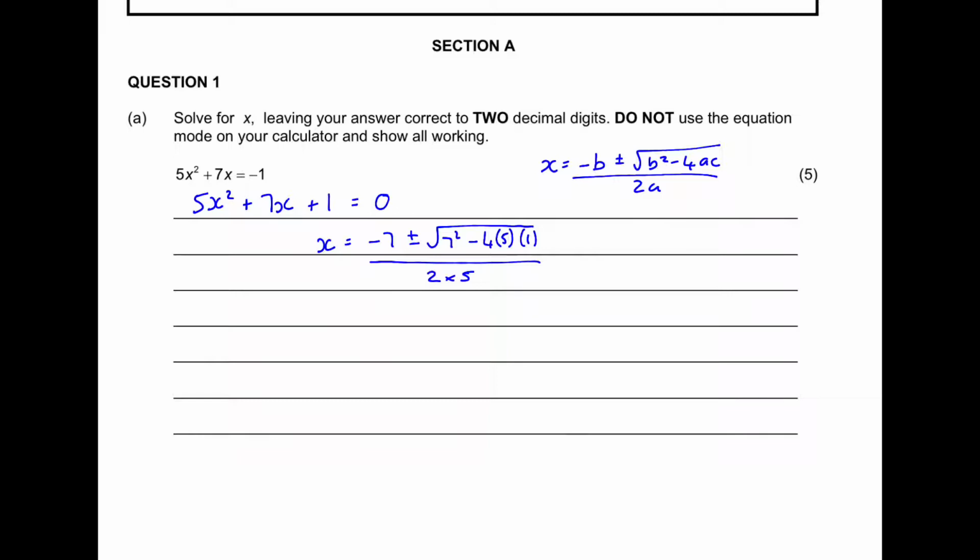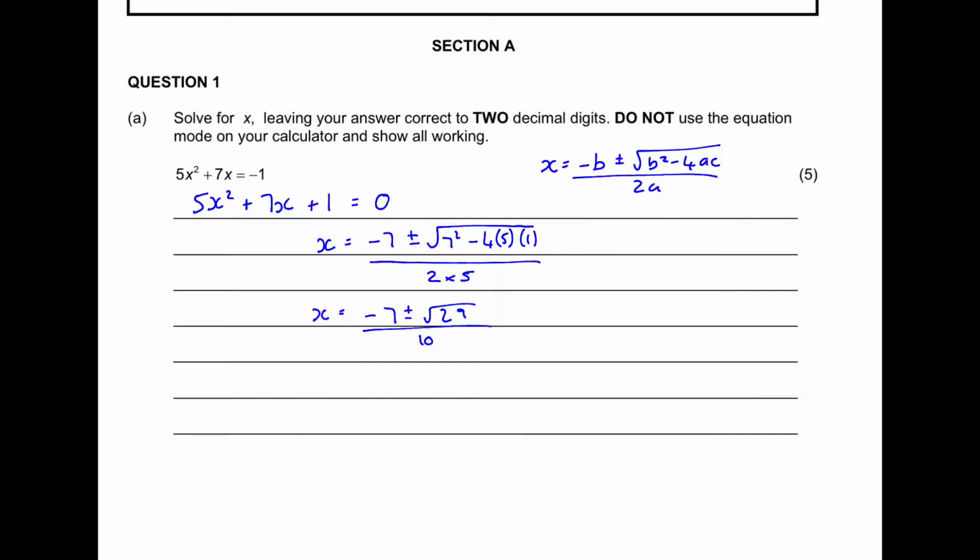Now if the question had asked you to simplify to simplest surd form, then your answer will be the next step, where we simplify inside the delta, and we get a 29 inside the square root, and underneath it remains 10. It's always a good idea to put your answer in simplest surd form anyway, and then if it asks you to go to 2 decimal digits, then your next answer would be to 2 decimal digits.